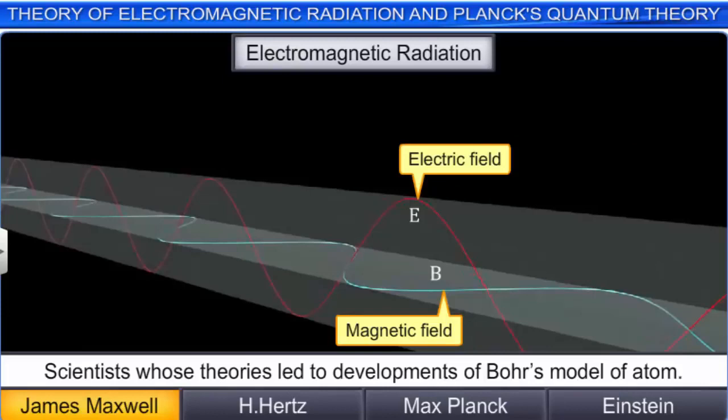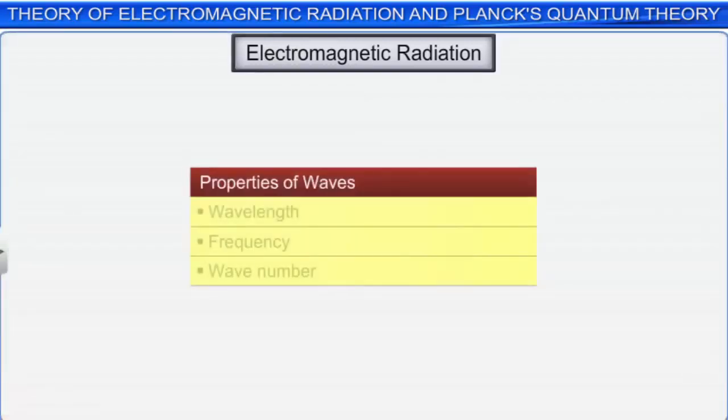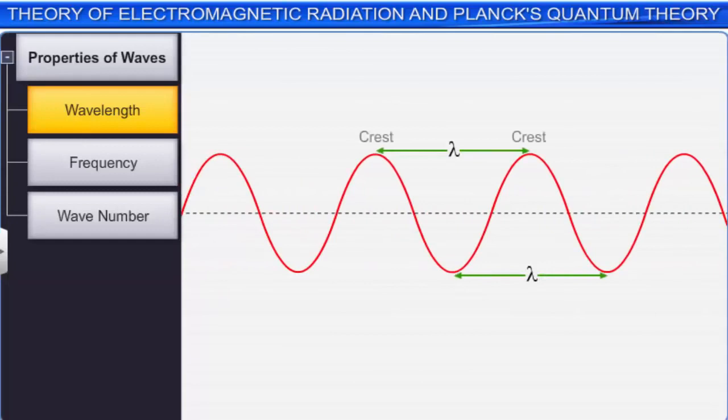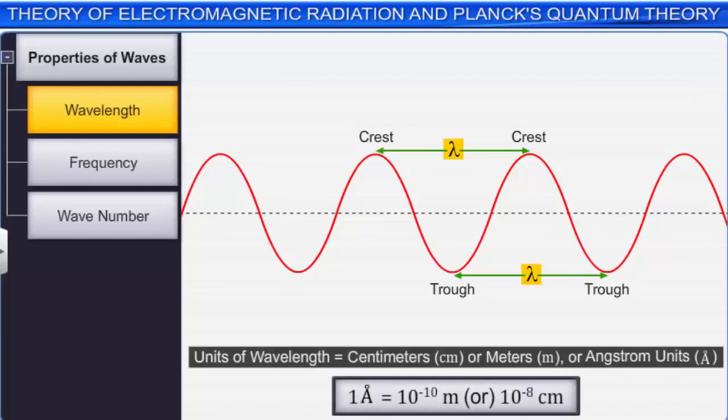To characterize a wave, we need to specify its properties such as wavelength, frequency, and wave number. A wavelength is the distance between two successive crests or troughs of a wave. Wavelength is denoted by the Greek letter lambda. It is expressed in either centimeters or meters or in angstrom units.